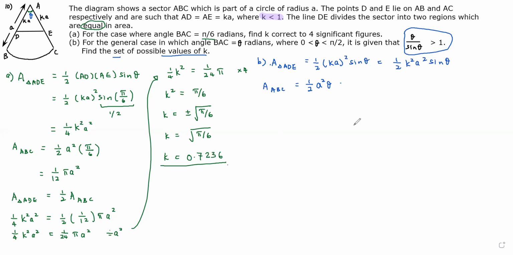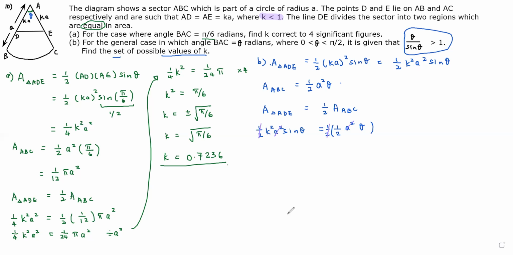Again, we use the fact that the area of triangle ADE is half the area of sector ABC. So half k squared a squared sine theta is half a squared theta. That half and that half can be cancelled off.